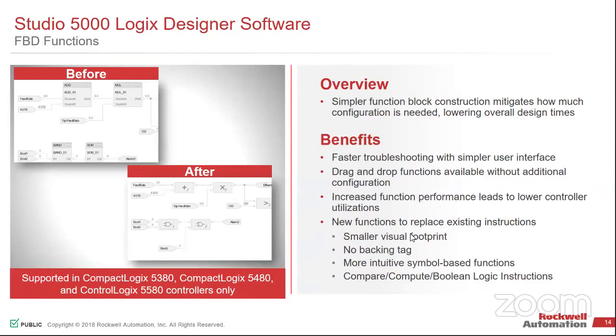What they decided to do to make it a little bit more user friendly for someone that may not have programmed function block diagram is put symbols and less verbiage, so you could quickly look and understand what's going on. So this is the new look of the function block diagram interface in version 32.